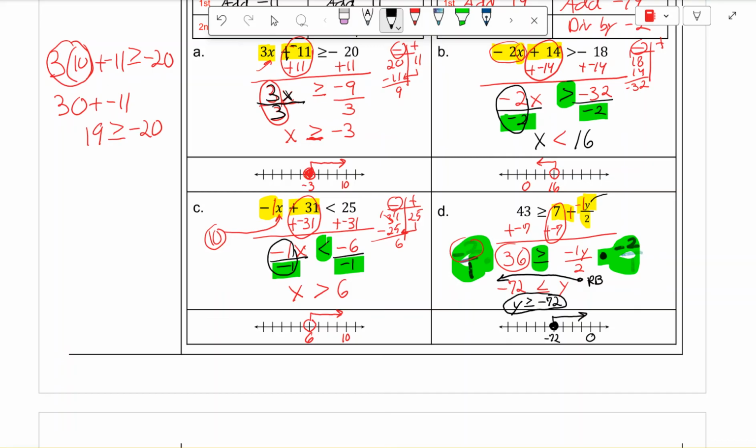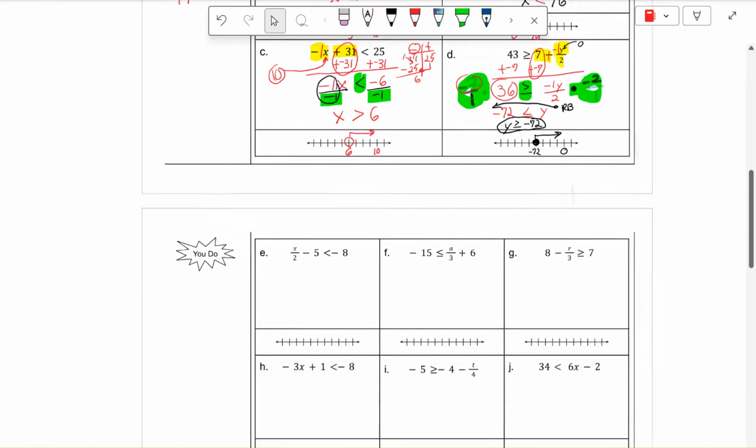Put 0 right here where the y is. That would be 0 times negative 1 would be 0, and 0 divided by 2 is 0. So, all you have left over is 7. Is 7 less than 43? Yep. All right. So that takes care of the we-dos.